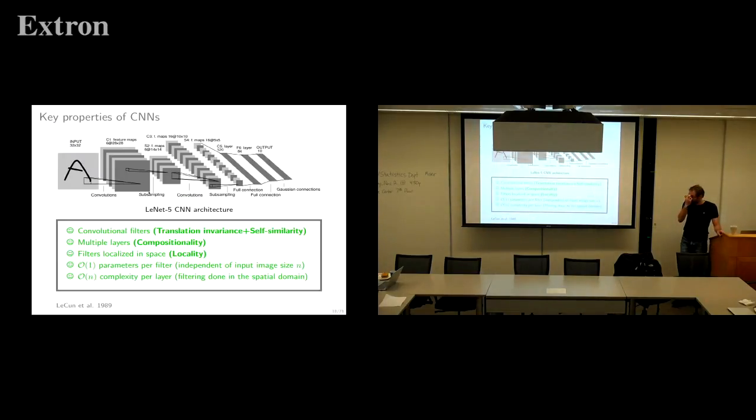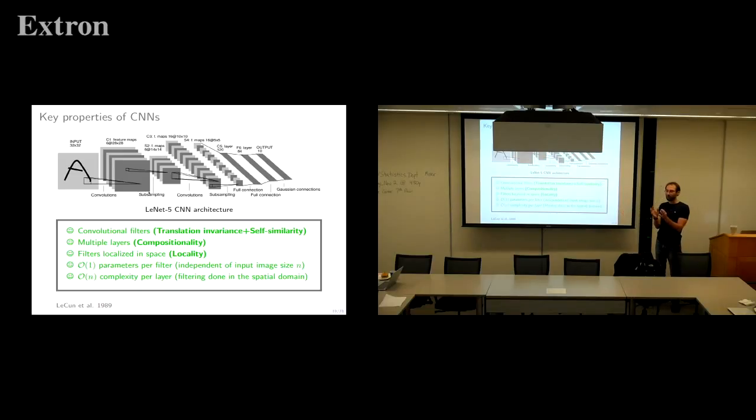To summarize, the key properties of convolutional neural networks are self-similarity or translation invariance, which stems from the translation invariance of the convolution operation itself. Multiple layers are a way of implementing compositionality. The filters are localized in space, and this is weight sharing. You don't need a huge number of parameters.